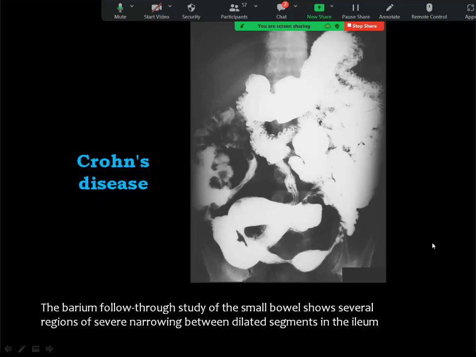These lesions are known as the skip lesions, which are, as you know, very characteristic for Crohn's disease. And whenever we diagnose Crohn's disease, we look for the complications like the fistula tract to the peritoneal cavity or to the adjacent bowel loop.